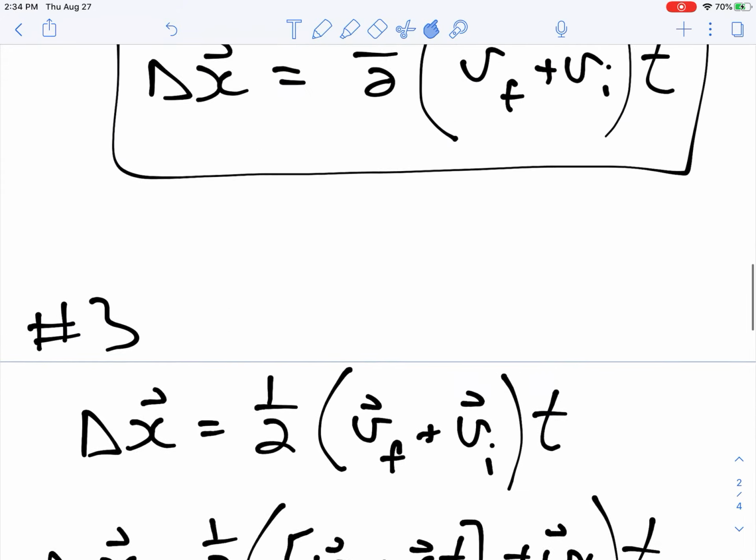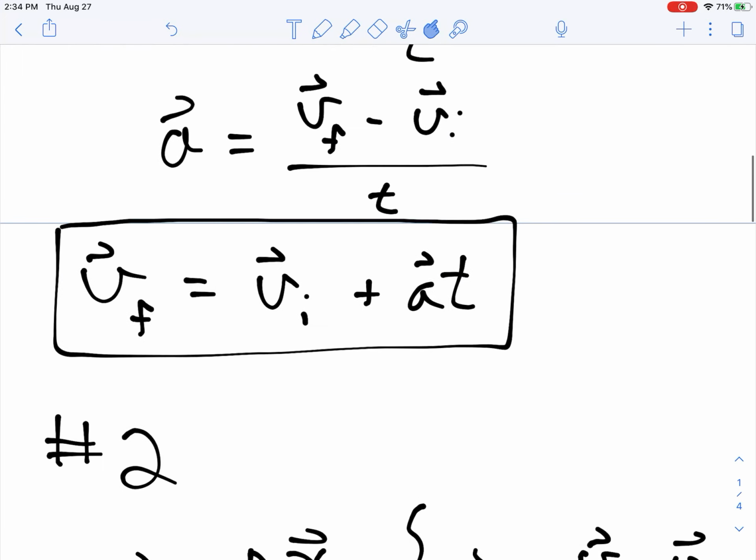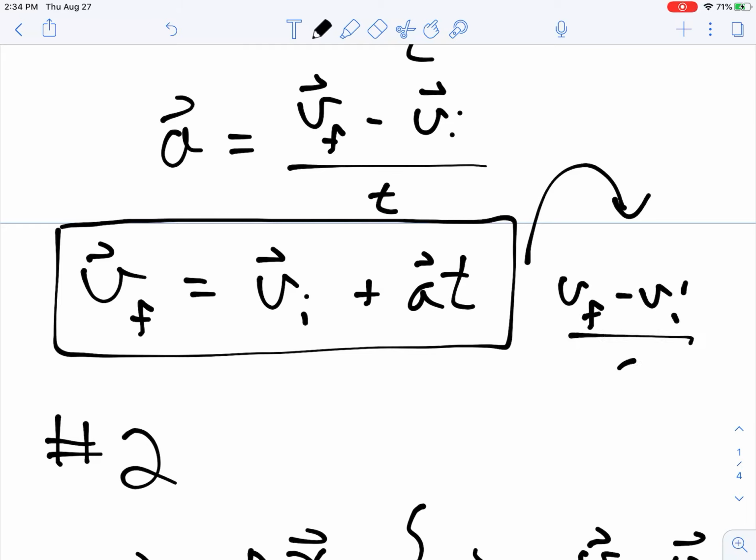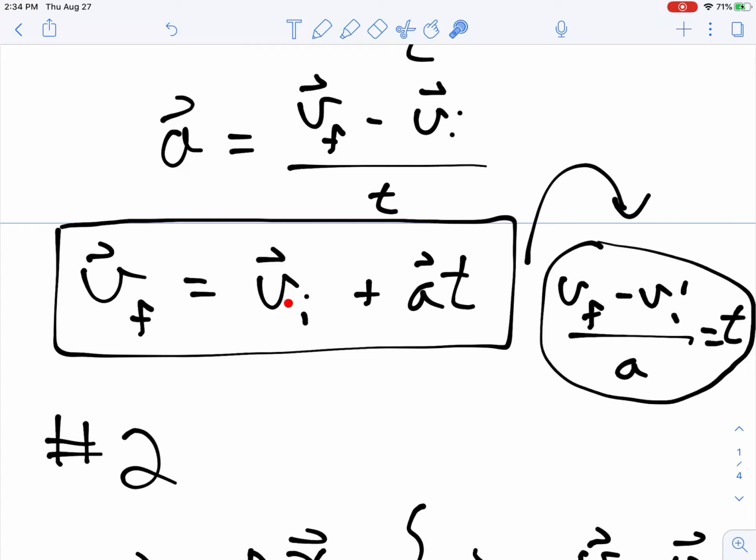Now what am I going to substitute for T? Well, I'm going to come all the way back here and take this equation and solve it for T. So that would be V final minus V initial divided by A is T. I took my V initial, subtracted it over, then divided everything by a, and that left me with the value for t.